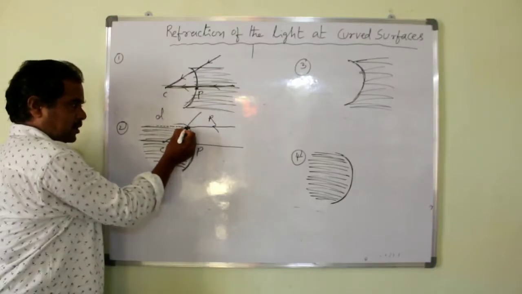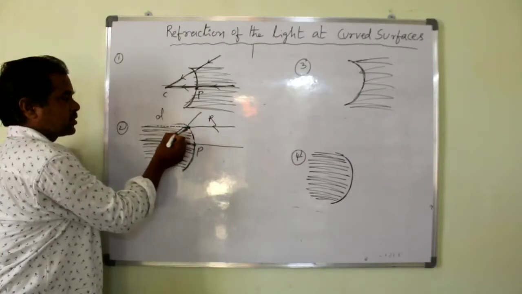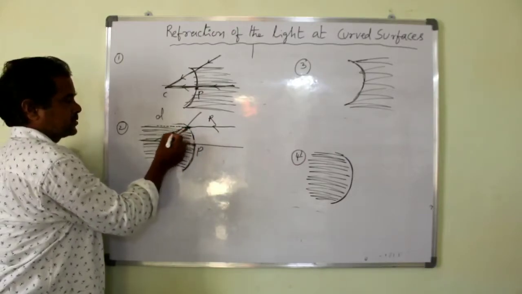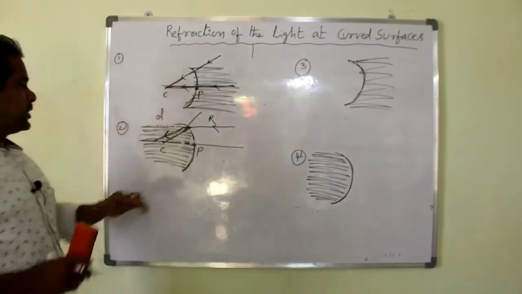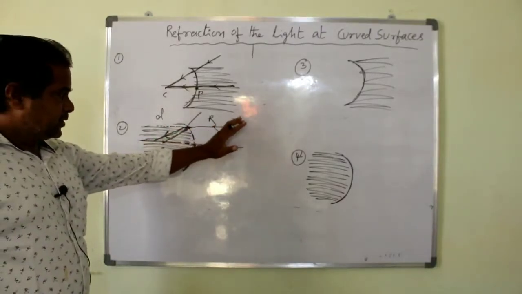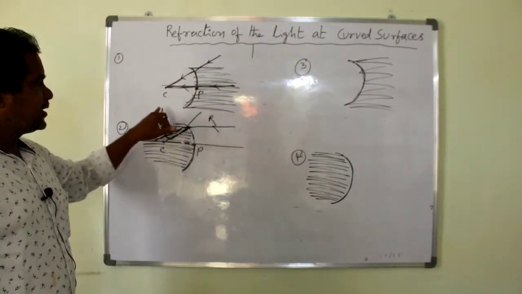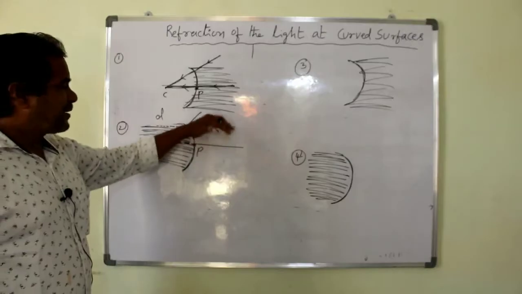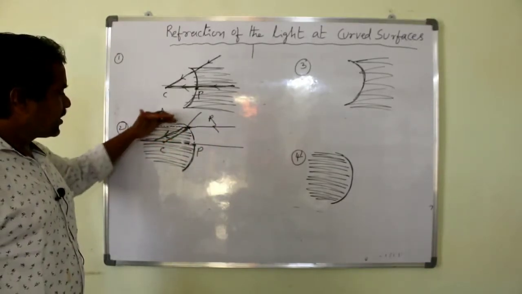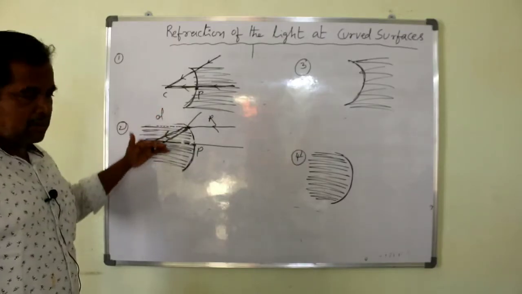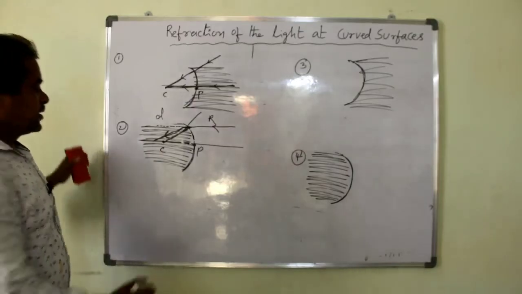But according to the principle of refraction, it moves nearer to the normal, so it moves in this direction. So any light ray which moves from rarer medium to denser medium parallel to the principal axis, the corresponding refracted ray moves nearer to the normal. Okay. Next.